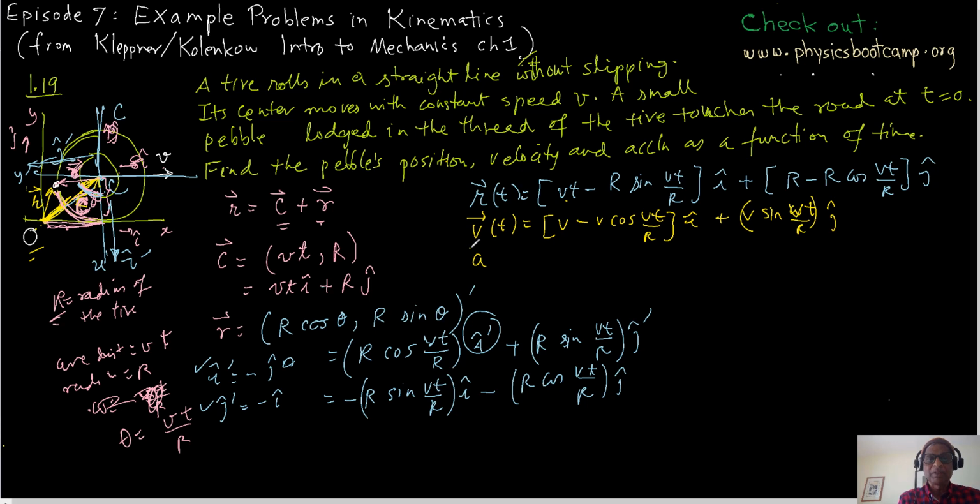What will be the acceleration? Acceleration will be, take the time derivative of this guy. It's going to be v square over R sine vt over R I hat plus v square over R cosine vt over R j hat.